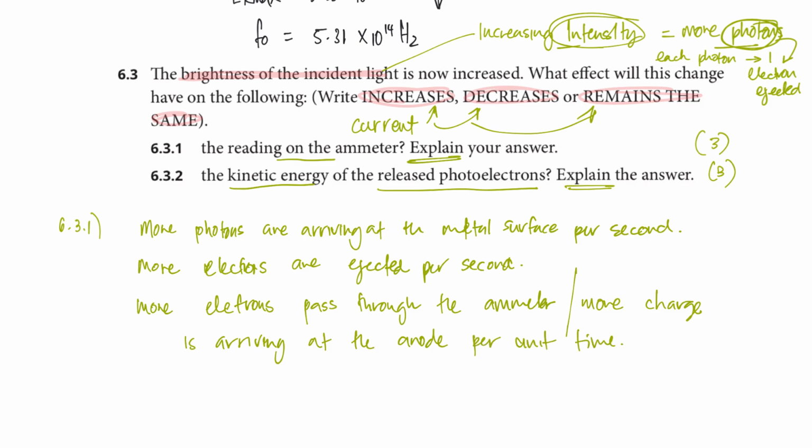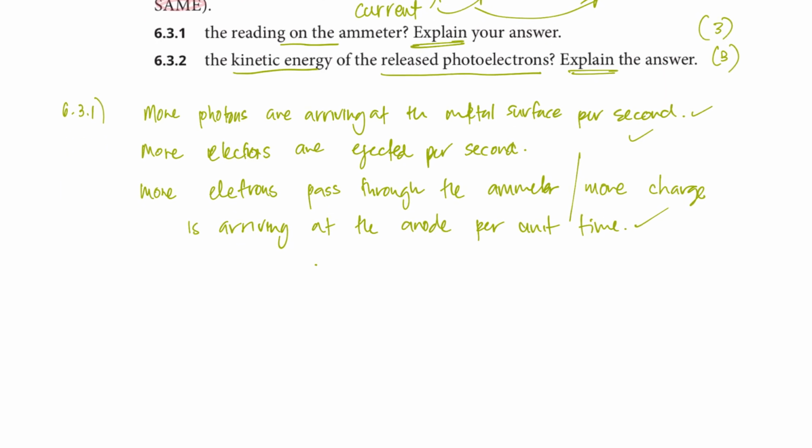Please make sure you add that little bit. Now, if I have all of this as more, that means, therefore, the answer is increase. Sometimes I find it's better to write your reasoning as to how you got to your answer than to write down increase and then try and explain why you're saying increase. Either way, make sure that when you're writing it down, it makes sense to you.